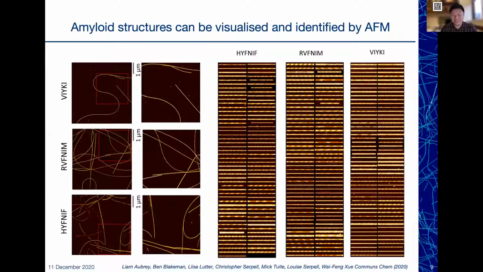With the AFM, we can, for example, see that the filaments are very different. Even from the same monomers, you can form different types of filaments. Later on, I'm going to show you that you can also study this type of reaction as a function of time by, in our case, taking snapshots of the filaments as they are being fragmented.